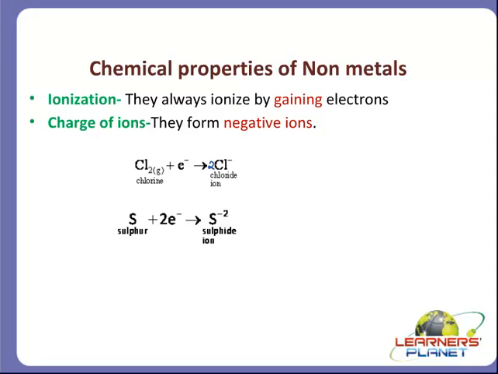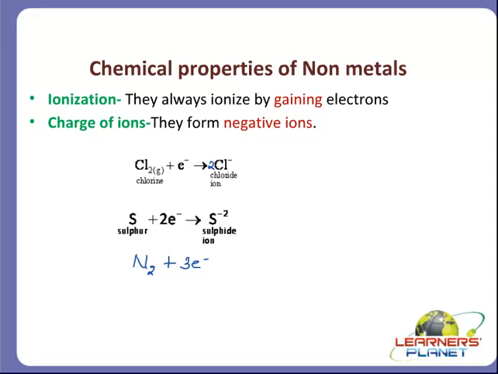Any other ion, say nitrogen, N2. How many electrons are present in its valence shell? It's 5. How many electrons does it require to complete its octet? 3. So it will take up 3 electrons and will form what?